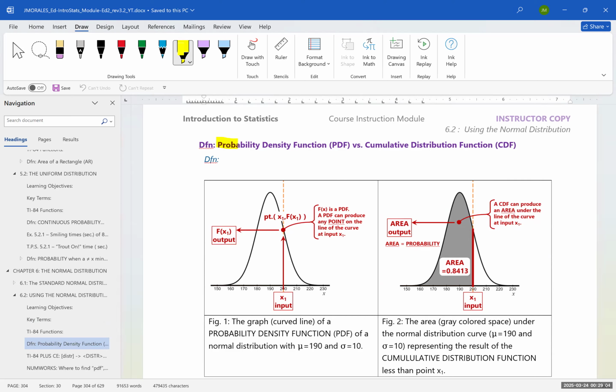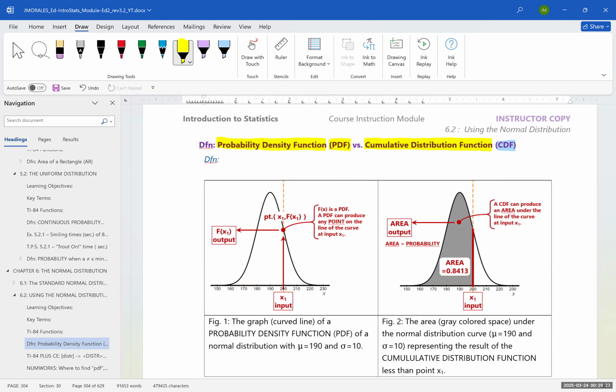We have one called a probability density function, or PDF for short, and we have a cumulative distribution function, or CDF for short. Now let's look first at a PDF.